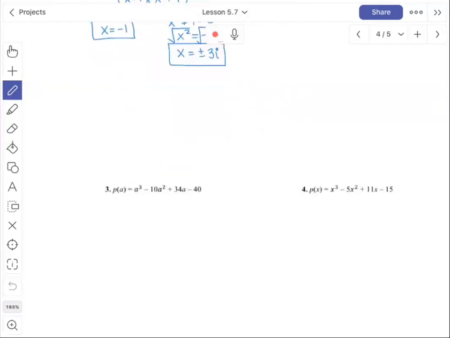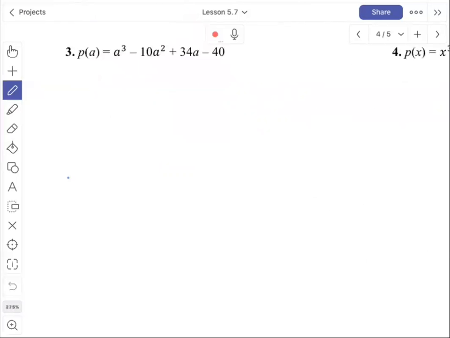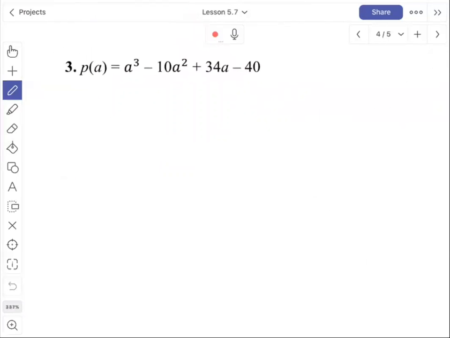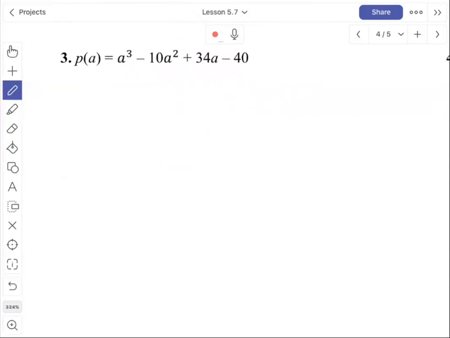So for number 3, I need to use the strategies we've been doing for the past few days. Starting with, let's get a list of all possible rational factors. Let's get the P and Q lists. Since Q is just 1, the factors are just 1. I can just go ahead and do the factors of 40.